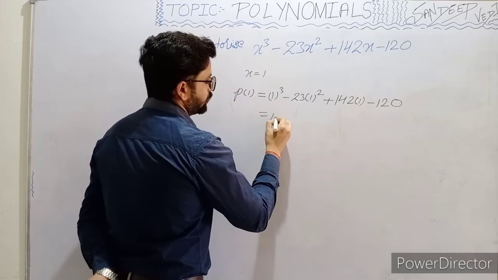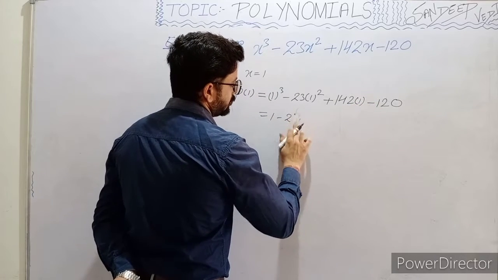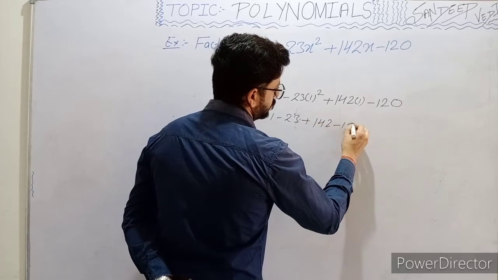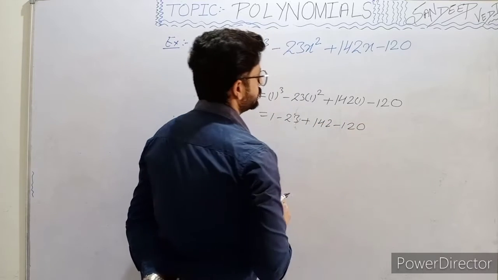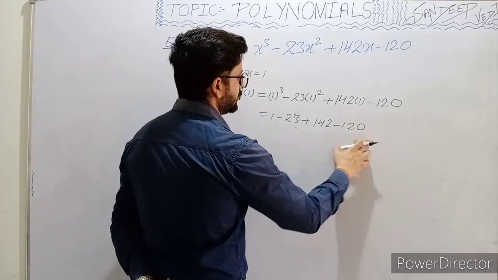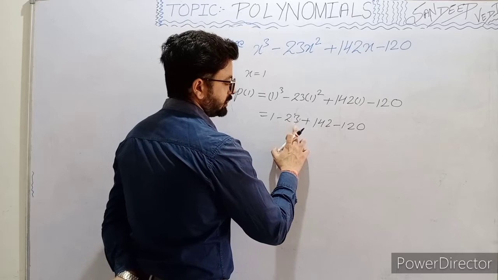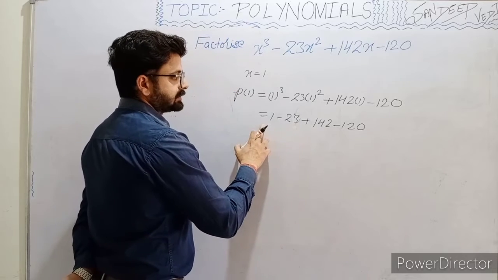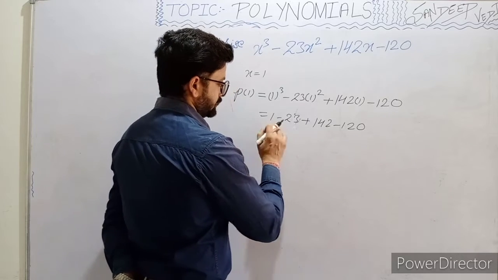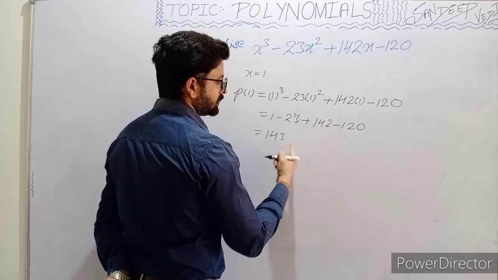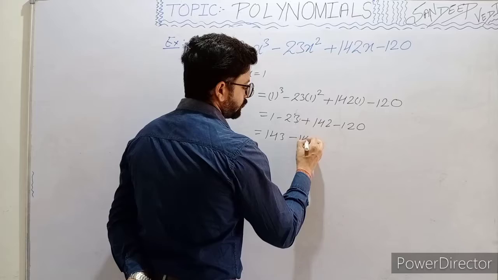Now finally it is coming 1 minus 23 plus 142 minus 120, and 1 minus 23 and this is plus 1. So finally we will get 143, 1 and 142, 143 and this is minus 143.